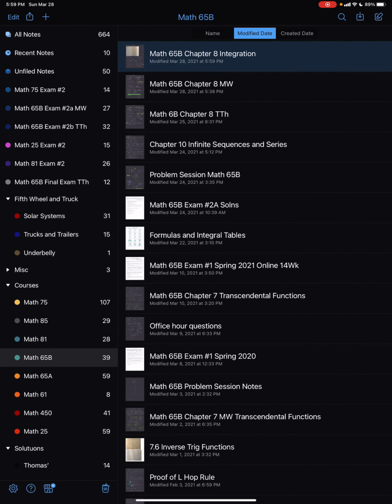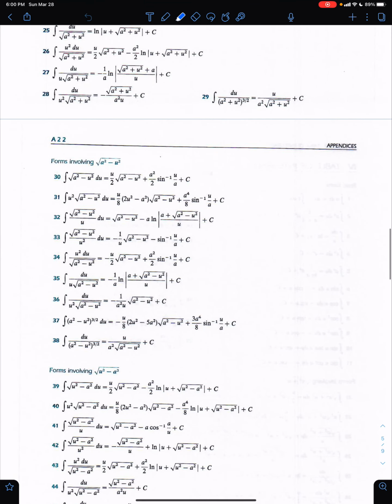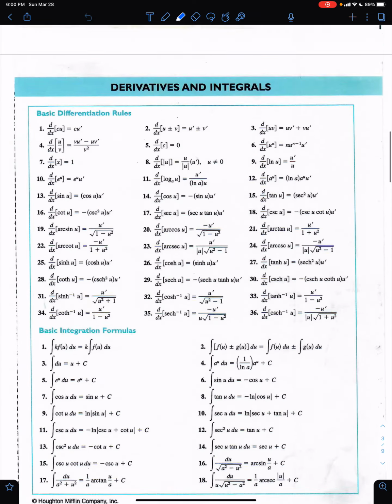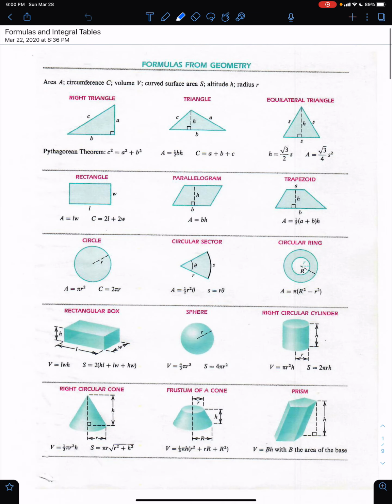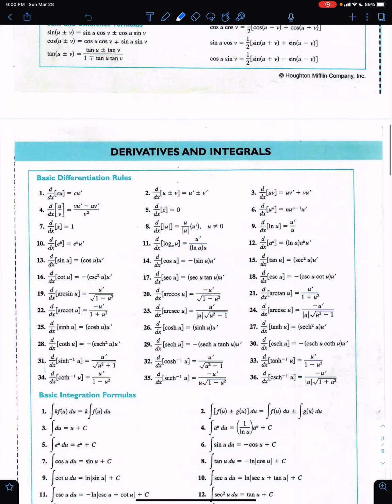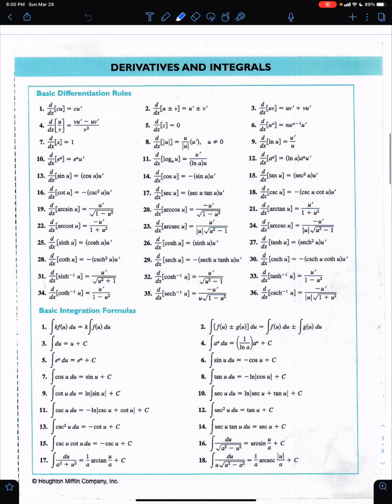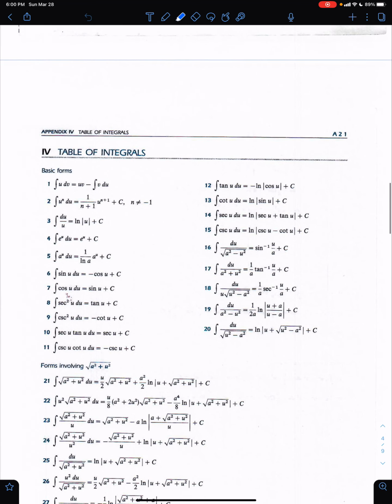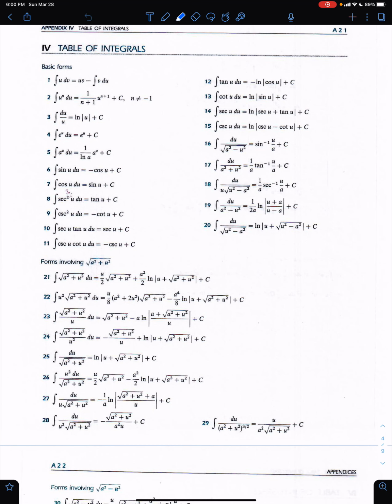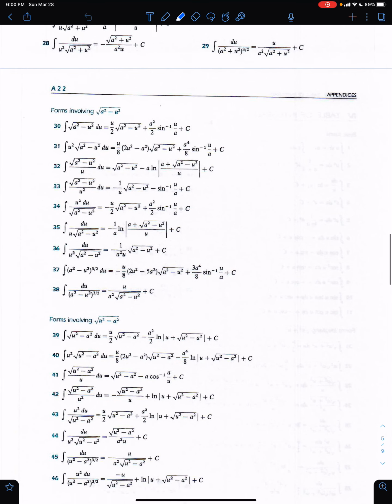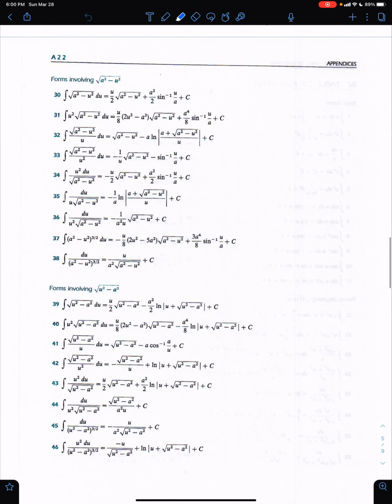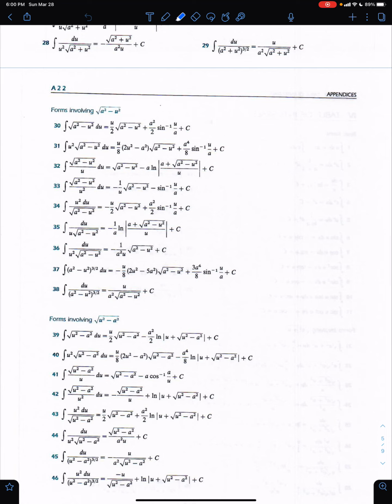And then let's look at the tables. So I have posted these tables, and so here's all the tables. There's geometric formulas, there's a trig, there's your basic integration, and then you get to more of the tables. And so you pretty much just go down until you look for something in there with the 3 halves. And you get down to here, and you can see this is really the only one we have that has a 3 halves in it, right?